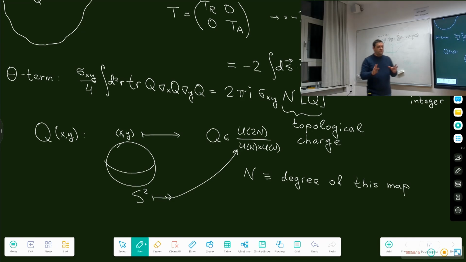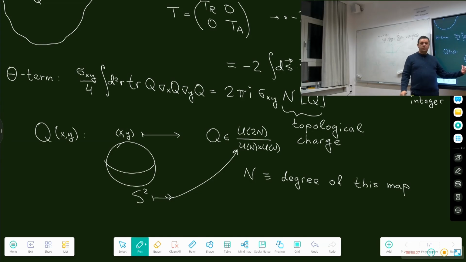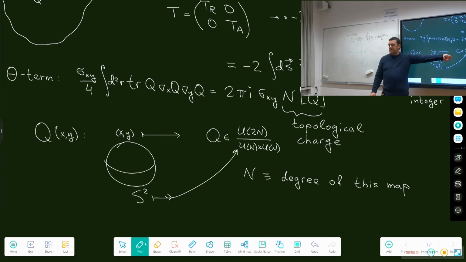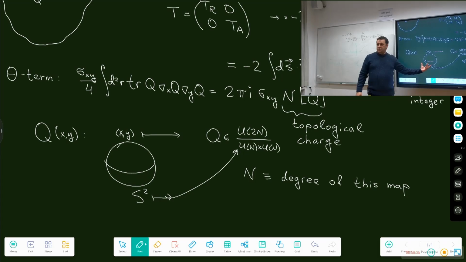For example, a map of degree 1 means a one-to-one map. Each point is covered only once. A map of degree 2 means each point in the target space is covered twice. So there are 2 points in the original space that are mapped to the same point in the final space. Degree 3 means there are 3 different points in the original space that are mapped to a single point in the final space.